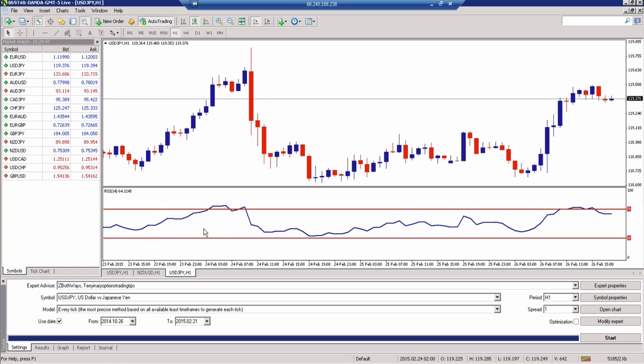Now, the relative strength index has gained a great reputation for being able to identify overbought conditions and oversold conditions. An overbought condition occurs when the RSI climbs above the 70 line, which is this one, tops, and an oversold condition occurs when the RSI drops below the 30 level.